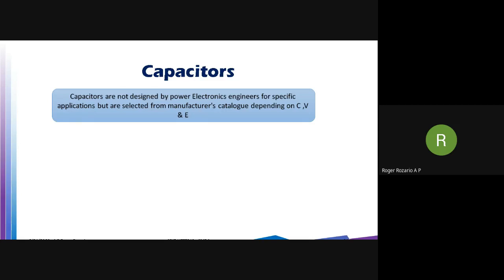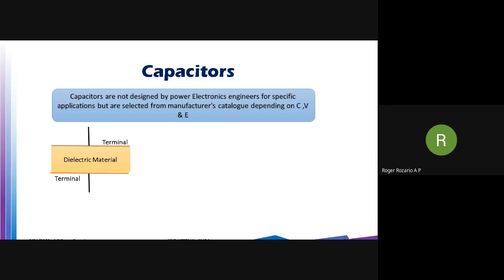And we are not going to design the capacitor, we are going to choose the capacitor for our DC to DC converter depending on the different types of capacitors made available in the market by the manufacturers. Is it clear? I hope the flow of the lecture is clear. Next we will see how we will decide which capacitor is suitable for us.